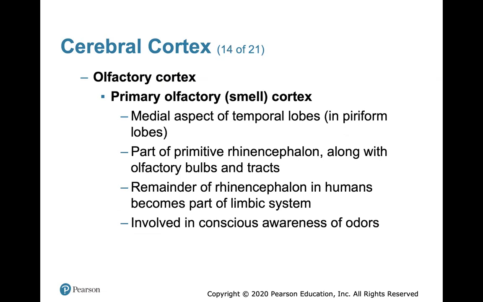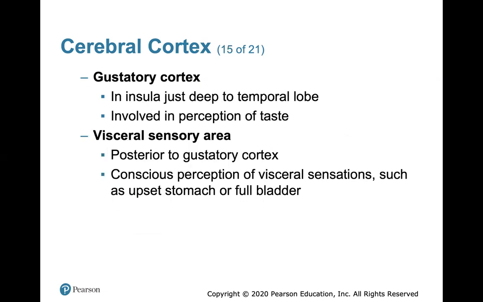The olfactory cortex is located in the medial aspect of the temporal lobes, and it's involved in conscious awareness of odors. Gustatory cortex has to do with the perception of taste, located in the insula, and then the visceral sensory cortex is posterior to the gustatory cortex, and this gives you the conscious perception of visceral sensations, such as an upset stomach or a full bladder.